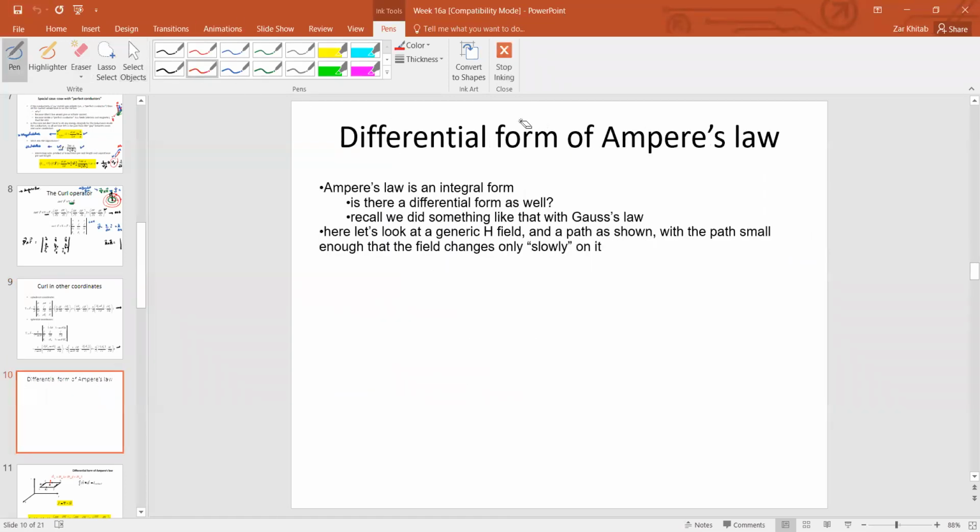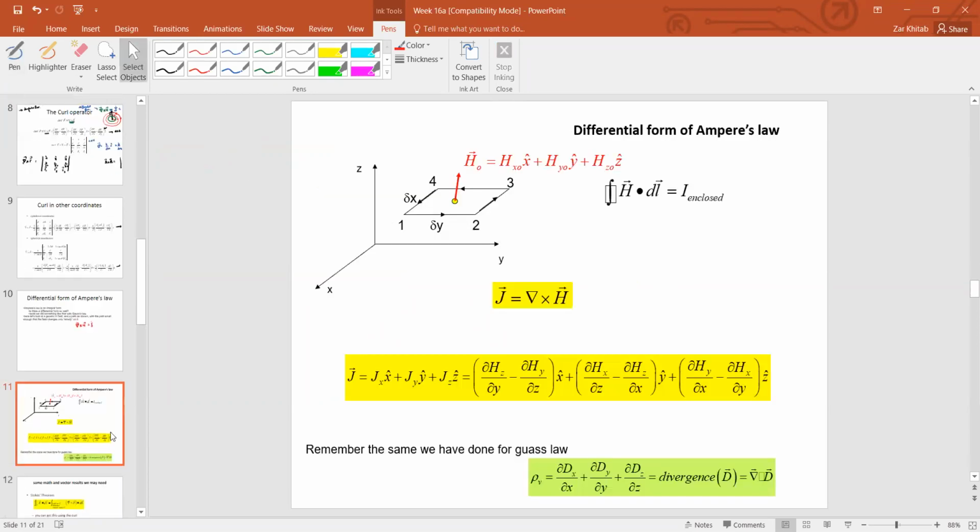So the differential form of Ampere's law is basically curl of H equals J. That's the differential form of Ampere's law. The integral form of Ampere's law is the integral of H dot dl equals the current I. If the magnetic field is going to be in this direction, you have H, and surely it will have three components, the x, the y, and the z component.